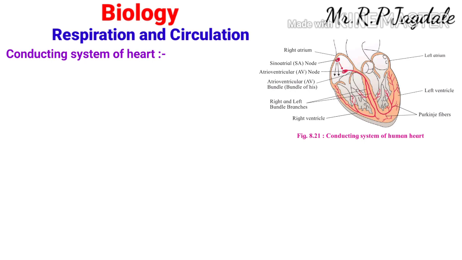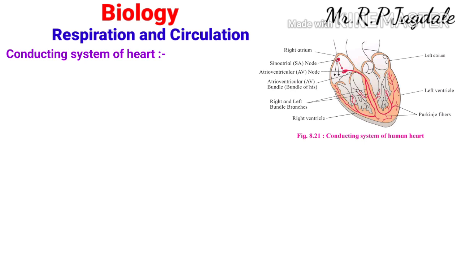Then there is the atrioventricular bundle of His. It goes from the center of the heart to the downward side. Then it is divided into two parts. One goes to the right ventricle and one goes to the left ventricle, and it forms a network which is called Purkinje fibers. This is nothing but the conducting system of the heart.